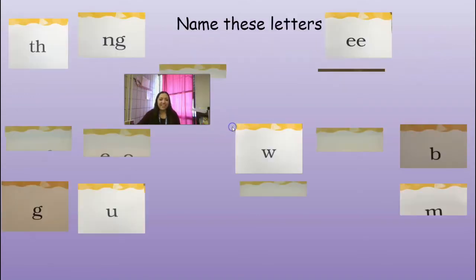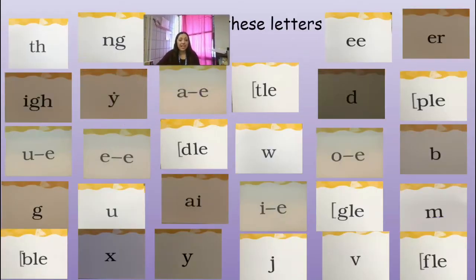Very good. All right. So we're going to name our letters really quick. Are you ready? So we have digraph TH, digraph NG, digraph EE, combination ER.